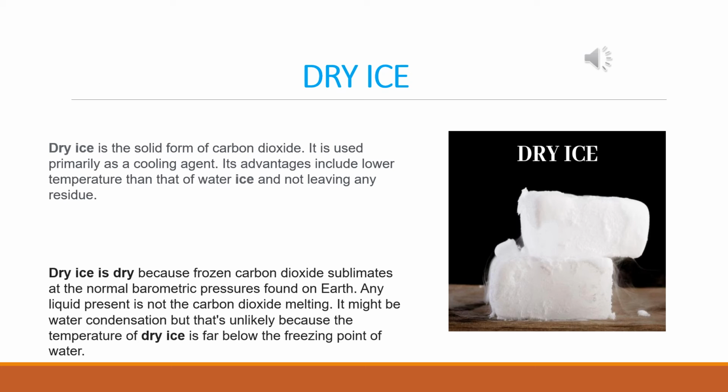Dry ice is dry because frozen carbon dioxide sublimates at the normal barometric pressures found on Earth. Any liquid present is not the carbon dioxide melting. It might be water condensation, but that's unlikely because the temperature of dry ice is far below the freezing point of water.